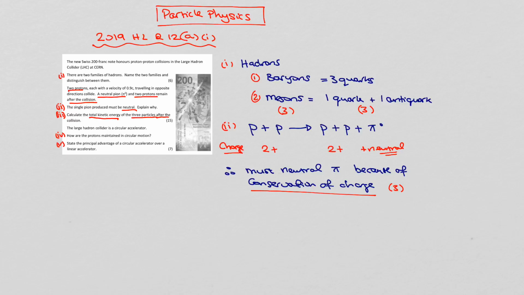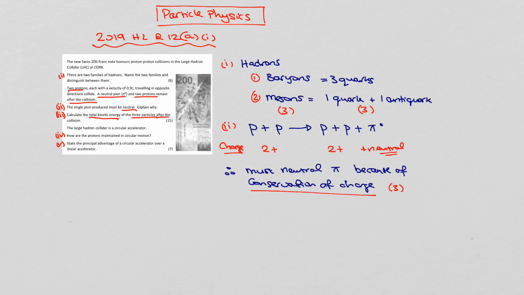And once they collide, all of their kinetic energy is then going to be used up to make the pion. Okay, so in other words, we have energy before must equal energy after. And we're going to have all of the energy being used up to make the pion, and any leftover energy would be the kinetic energy of the three particles.